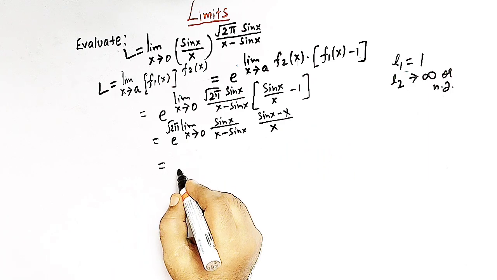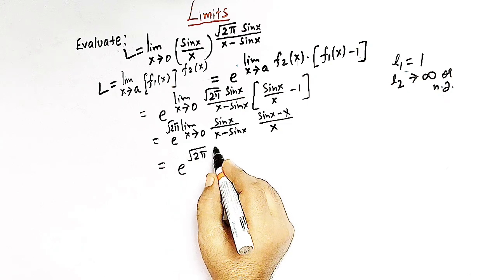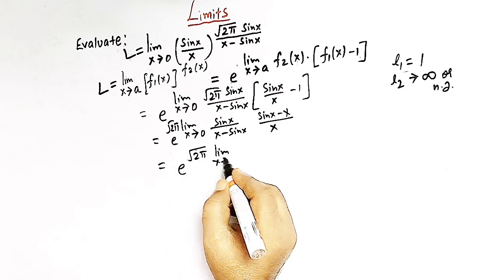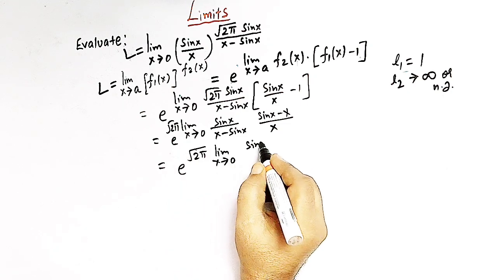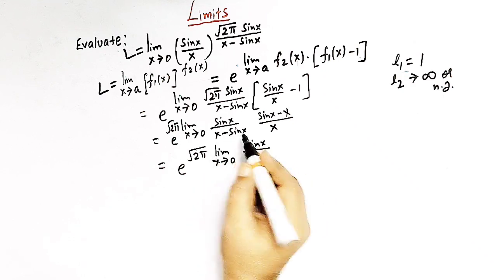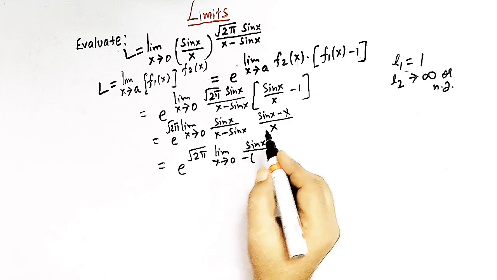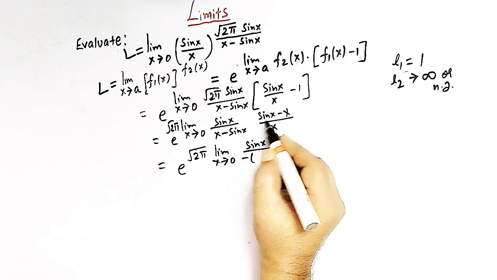So now we can write e raised to square root of 2 pi, and then we have limit x tends to 0 of sin x over (x minus sin x). So let us take a negative sign common so that these two terms get cancelled.